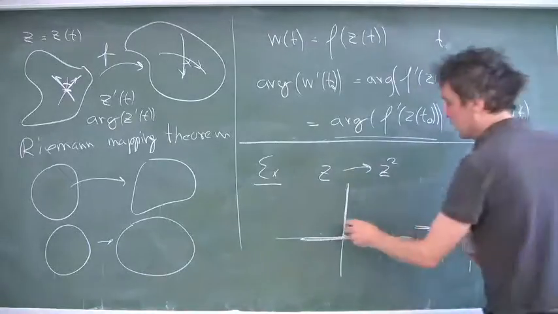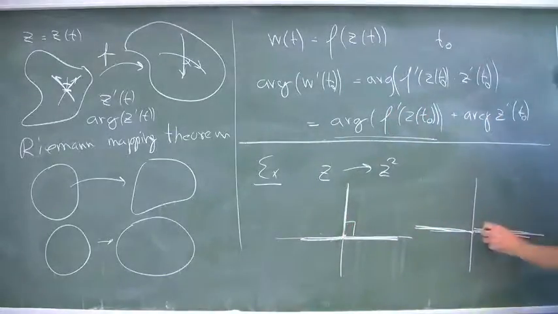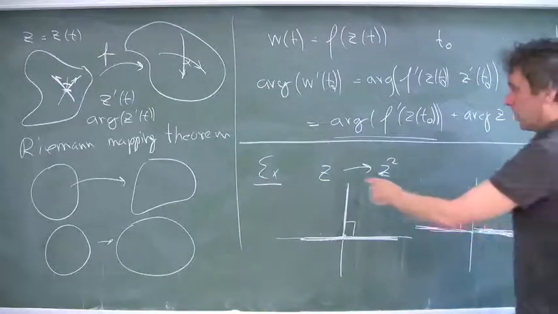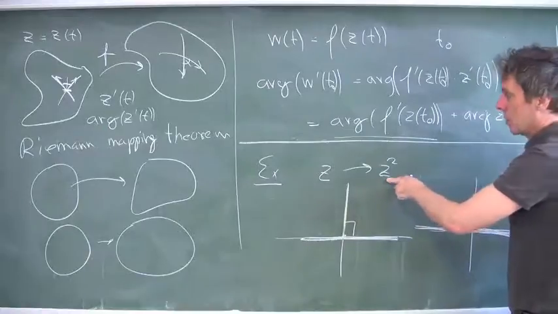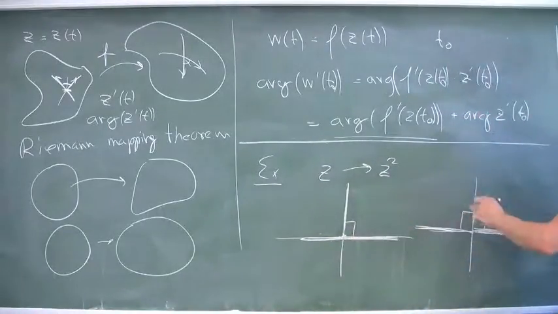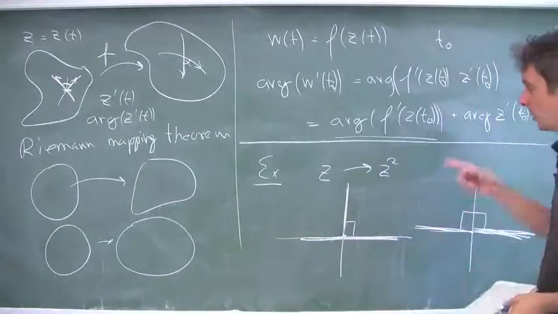So here you see that this angle, which was a 90-degree angle, will be mapped onto a 180-degree angle. This is, of course, because this mapping will have a derivative which is 0 at the origin. This is exactly why this can occur. At every other point, this map will also preserve angles, but not at the origin.